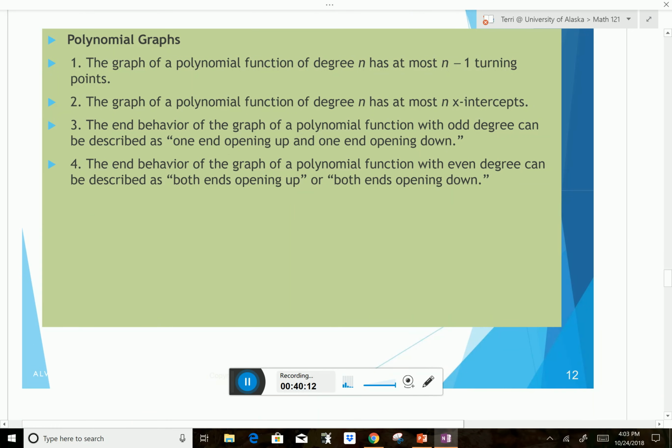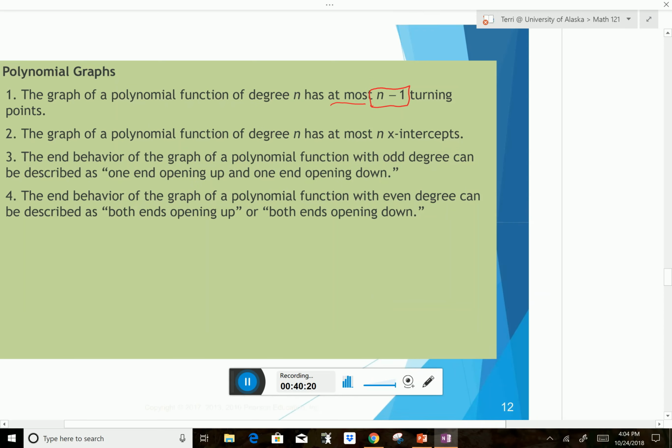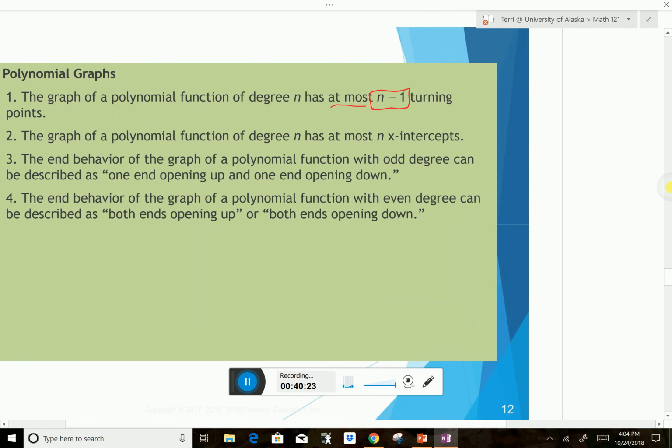So once again, the graph of a polynomial function of degree n has at most n minus 1 turning points. So remember that we have degree 4, so we actually have 1 or 3 turning points.